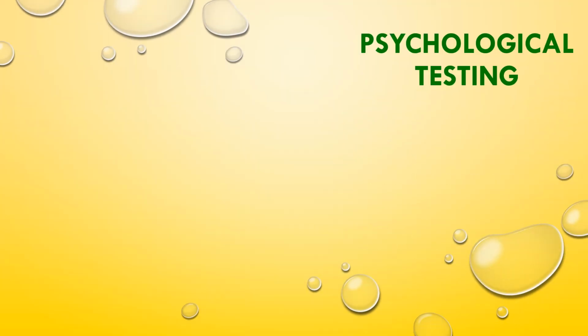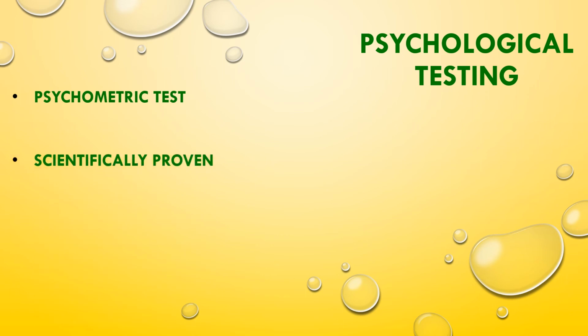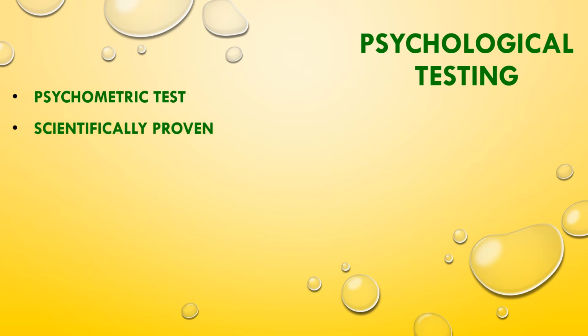Next is psychological testing. It is also known as psychometric testing. Psychological tests are scientifically proven and standardized tests, and they are constructed by psychologists. These are used to assess various characteristics of humans, such as attitude, aptitude, personality, intelligence quotient, and emotional quotient.